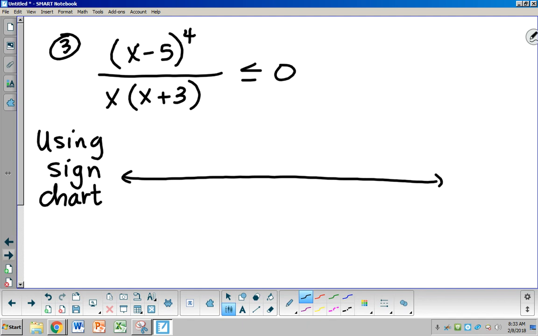Yep, we've got a 0 at 5. We do have an asymptote at -3. Good. Where else? 0. Good. I think sometimes that's the hardest part. Now what are we going to do? Superimpose?